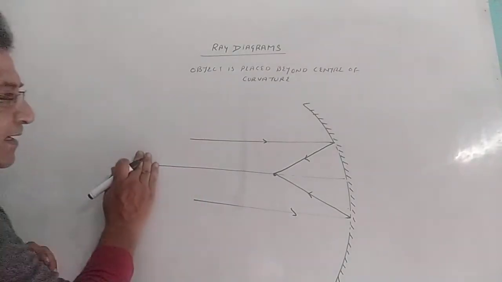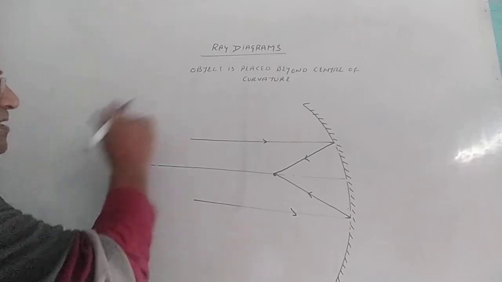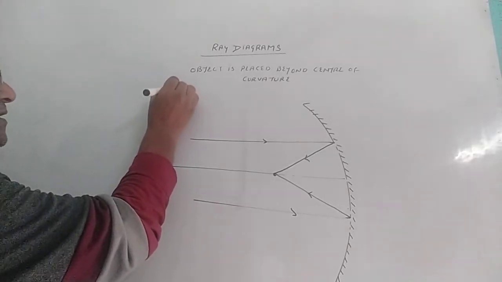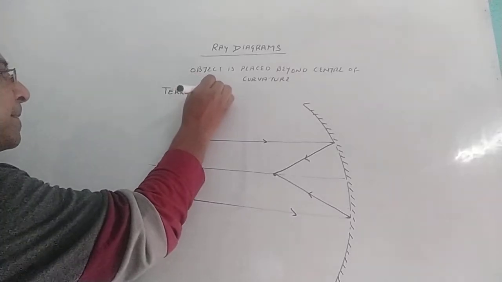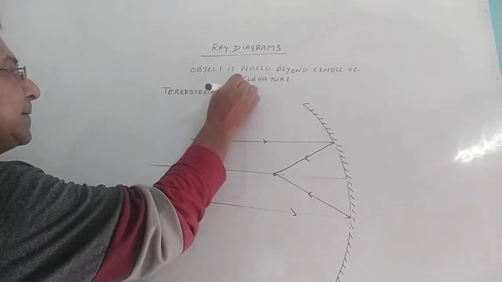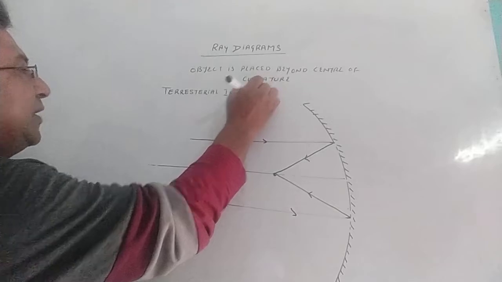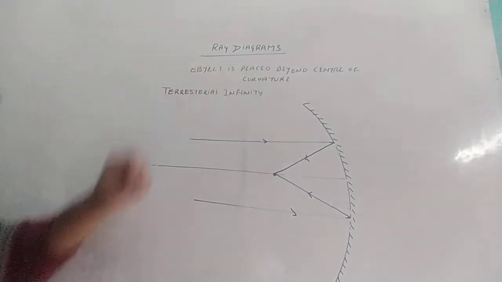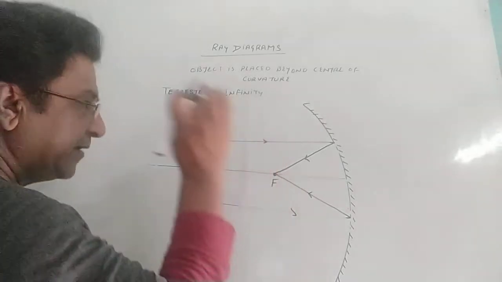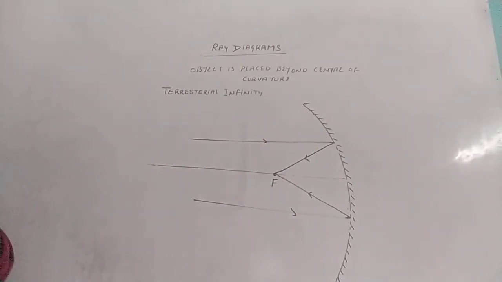But this infinity is terrestrial infinity. The object is from terrestrial infinity. Correct? Means on land we are finding the rays coming from the infinity. They are forming an image. Wherever they are meeting, draw focus over there.